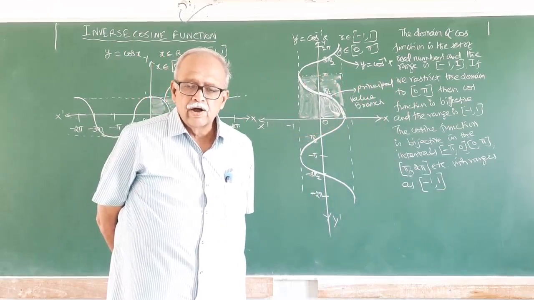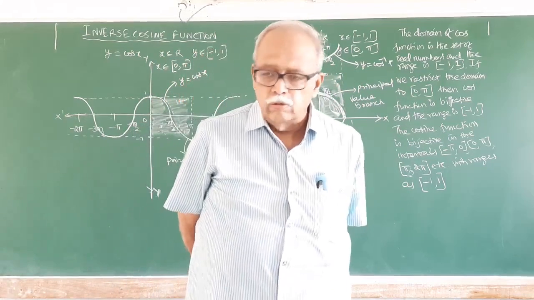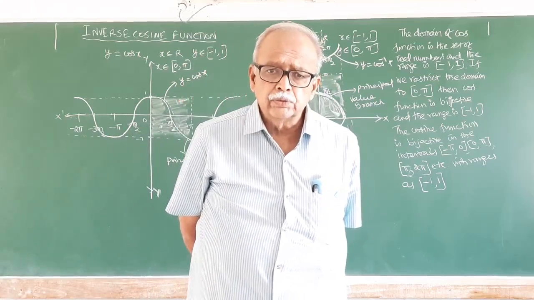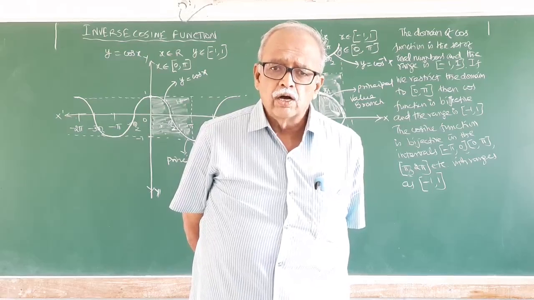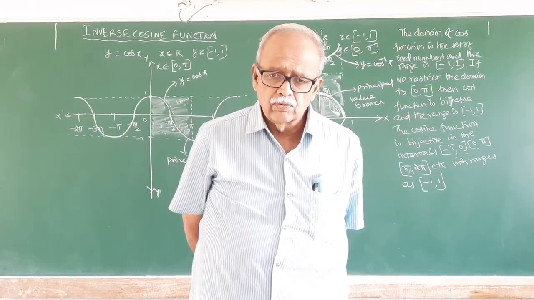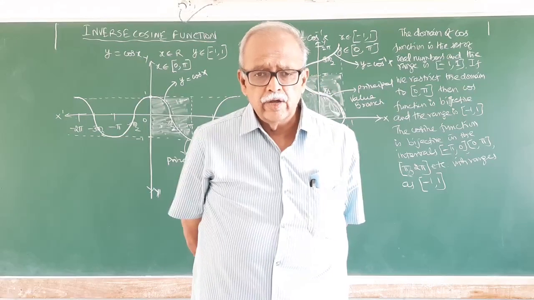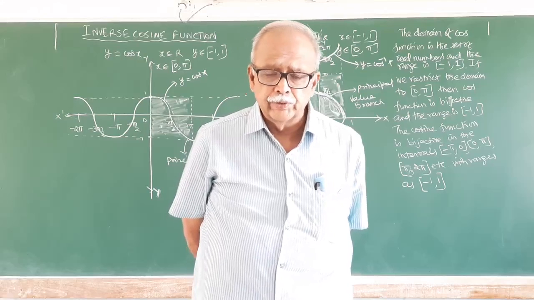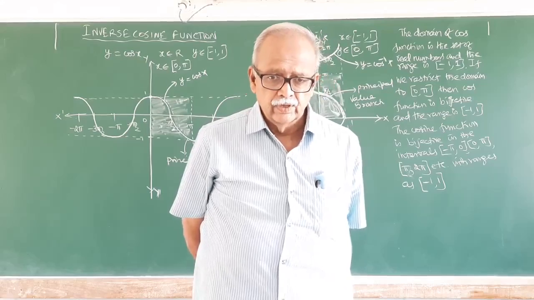So what we have done is just converted the cosine function into a bijective function, one to one and onto. Now, once we have a cosine function which is one to one and onto, or bijective, then we can have the inverse cosine function. Okay?